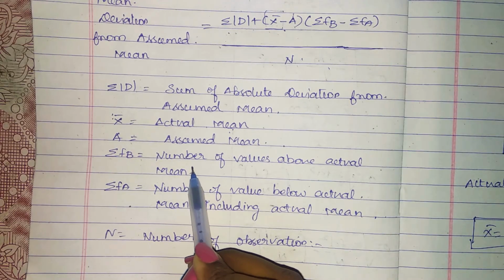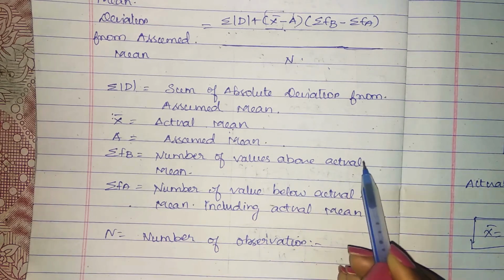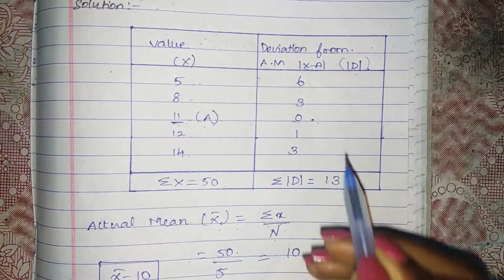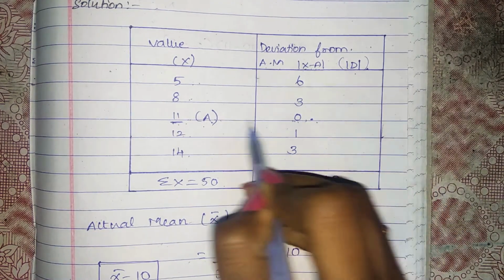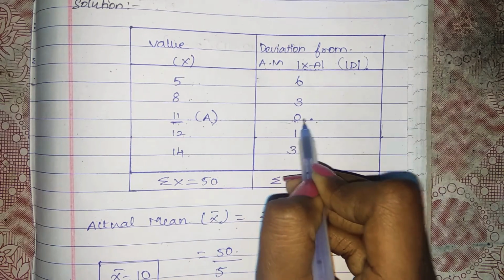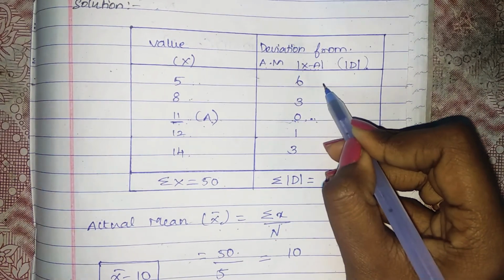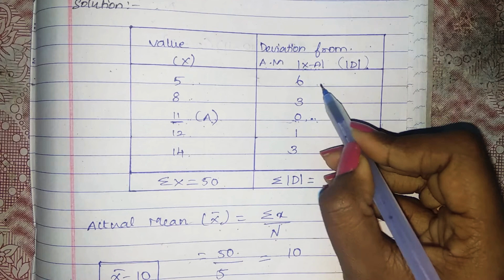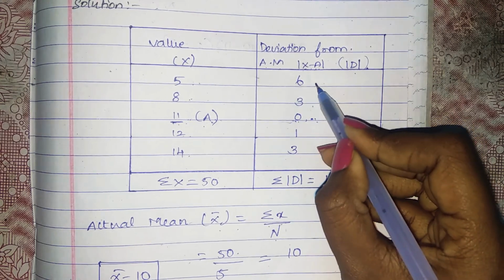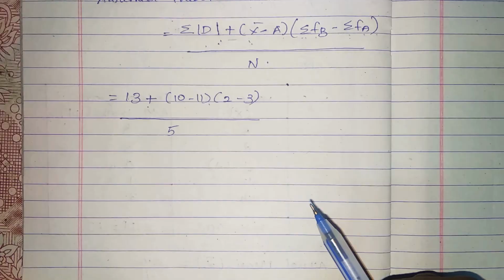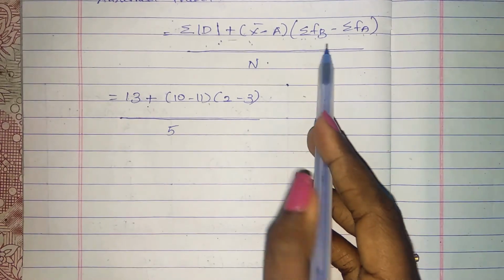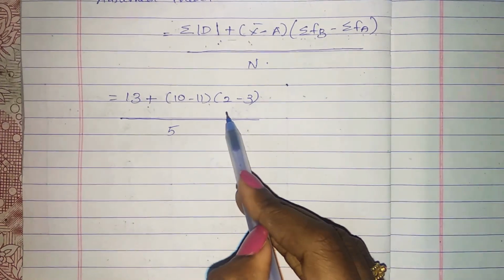Summation fb is the number of values above the actual mean. We count the numbers above it. How many numbers do we have? 1, 2. So summation fb is 2.